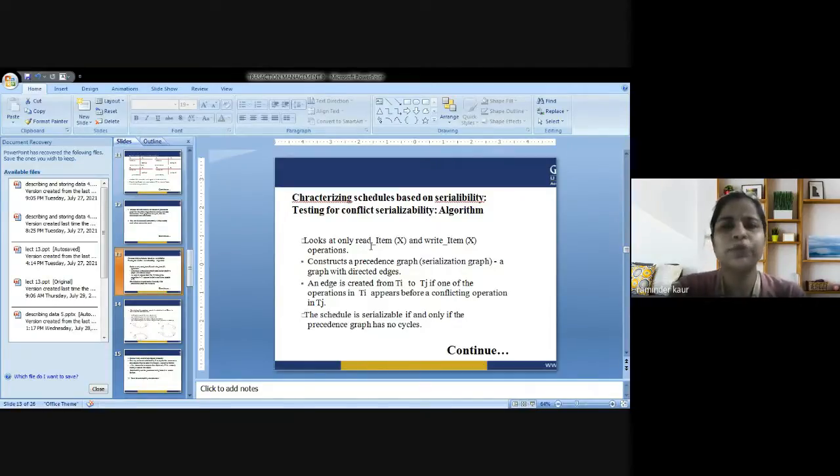A graph with directed edges is built, and an edge is created from Ti to Tj, that is, Ti is driving Tj, if one of the operations in Ti appears before a conflicting operation in Tj. The schedule is serializable if and only if the precedence graph has no cycle.